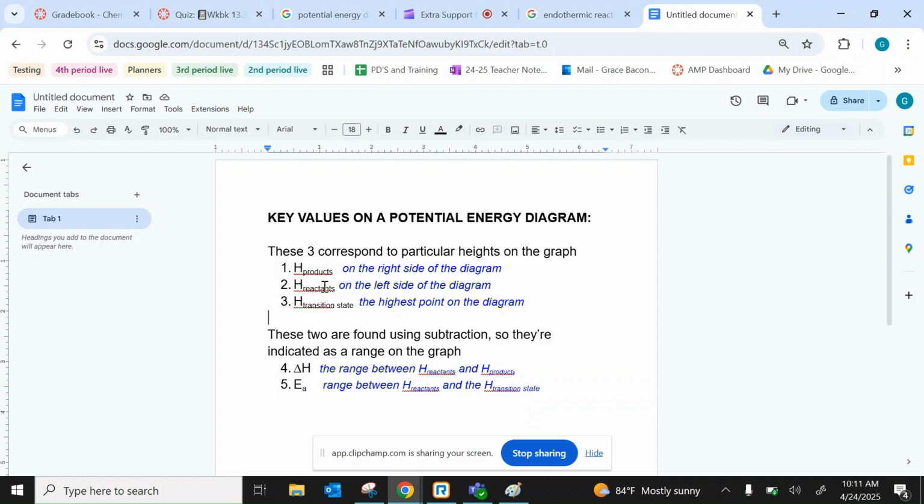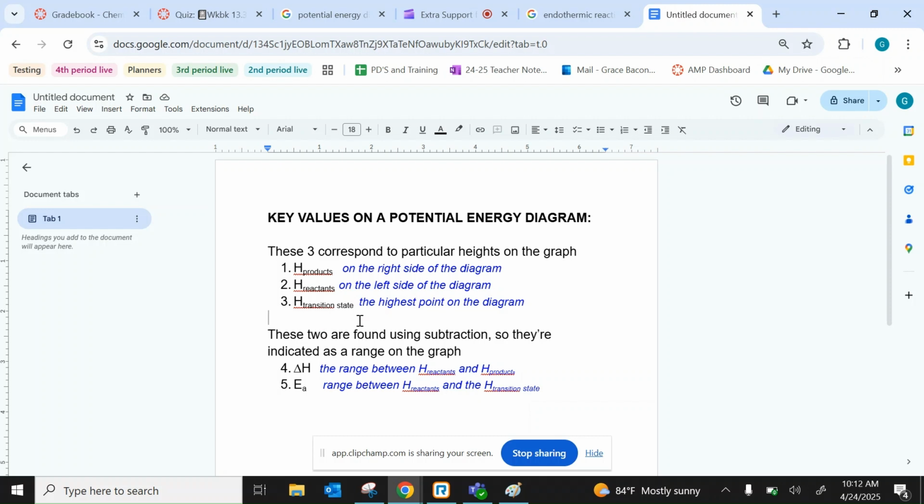So we always start with our reactants on the left and move towards our products on the right. And then the highest point on the graph is always going to correspond to the transition state. So those are the 3 values that we find based on the height from where we find them on the graph.